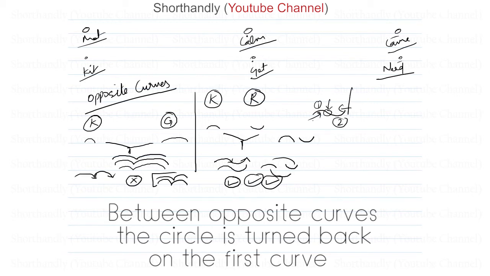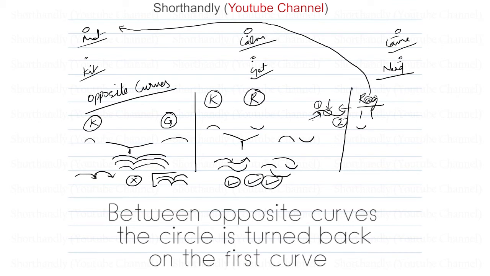To understand this properly, we'll take a word. Suppose we have the word rag. First we have the R character like this. Then we have the vowel A, which is very similar to the vowel as in mat. After that we have the G sound. G is made like this, which is of course opposite of this R. Now if we join these three, we get a final character like this.